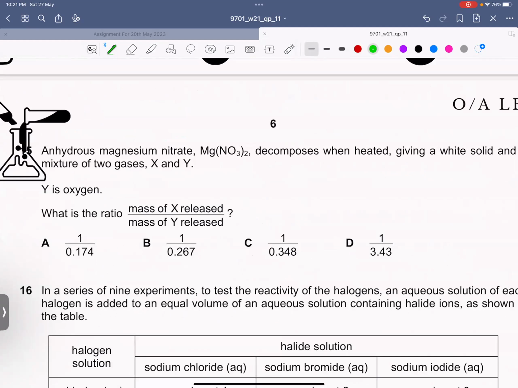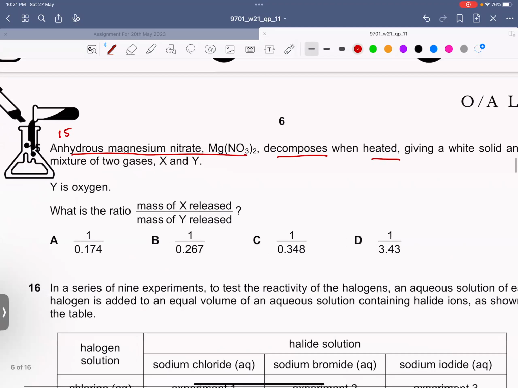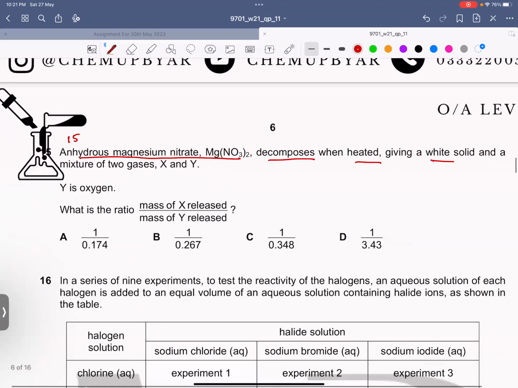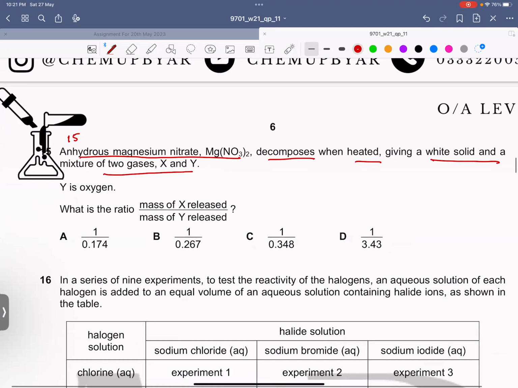Now, question number 15. Anhydrous magnesium nitrate decomposes when heated, giving a white solid and a mixture of two gases X and Y. If you recall the equation, magnesium nitrate on heating gives you magnesium oxide, a solid, and nitrogen dioxide.